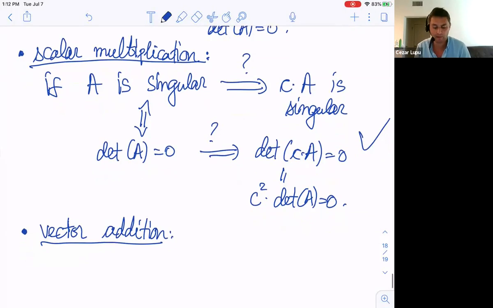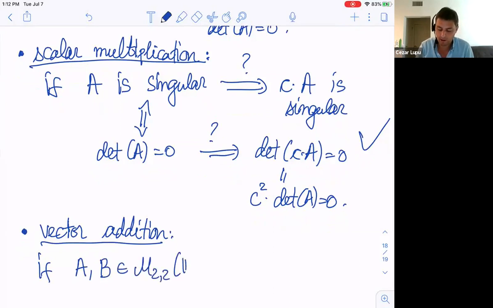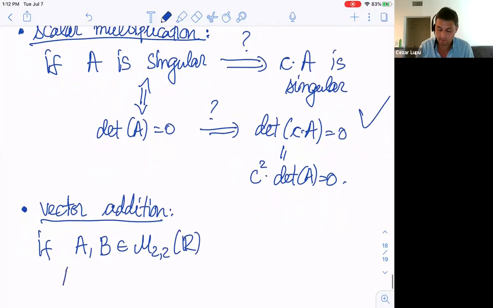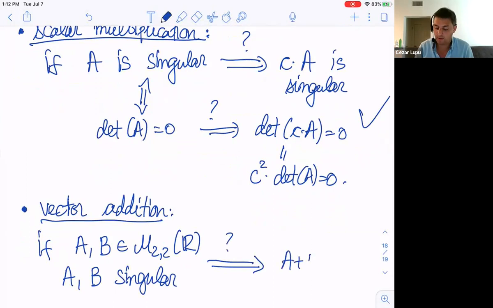In other words, let's consider A, B, two matrices in M2,2 with real entries, and A, B are singular matrices. Does this imply that A plus B is also singular?